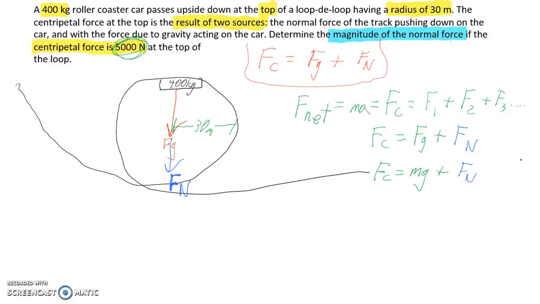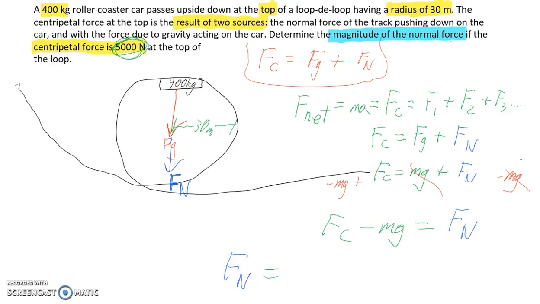Let's try to move the mg over to the other side. We subtract mg, so the two mg's on this side cancel with each other, and we have Fc minus mg equals Fn.